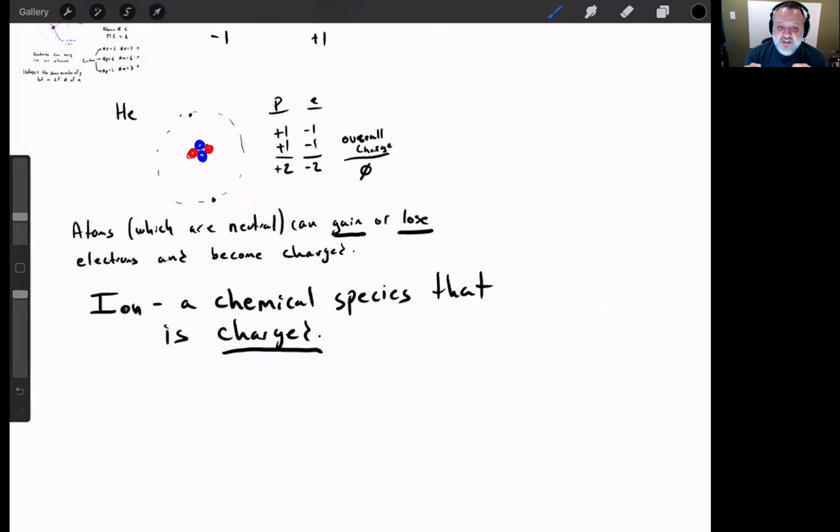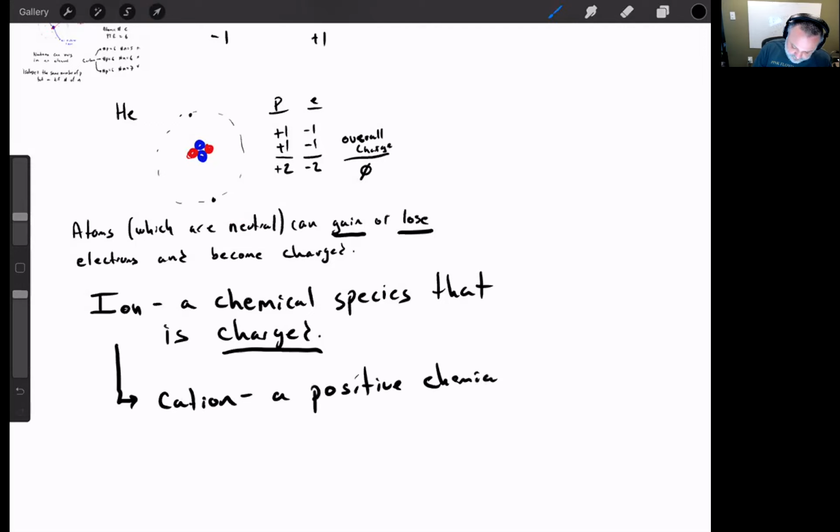If it loses an electron, then it has less negative charge than positive charge, and then that means that species has a charge, and that charge is positive. And so we actually have names for that. A cation is a positive chemical species, and an anion is a negative one.